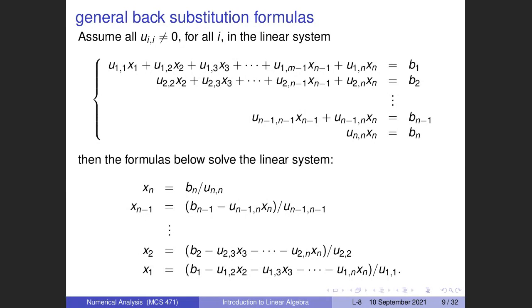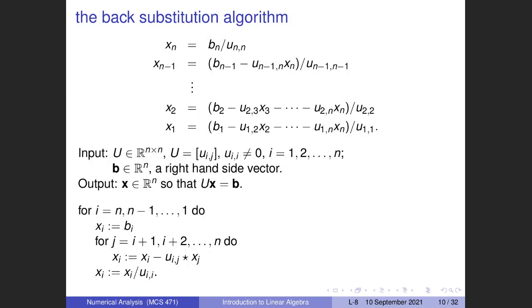It's good to write them out in full because it makes you think about the indices. These formulas are kind of the transition, they're actually the transition into the algorithm. So on the next slide, we actually will write down the pseudocode formulation.